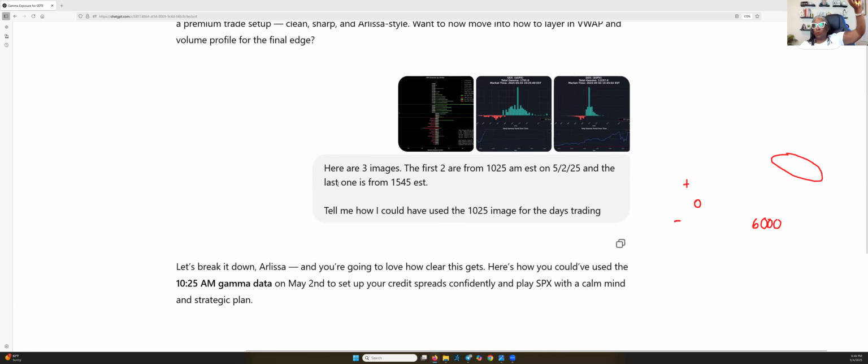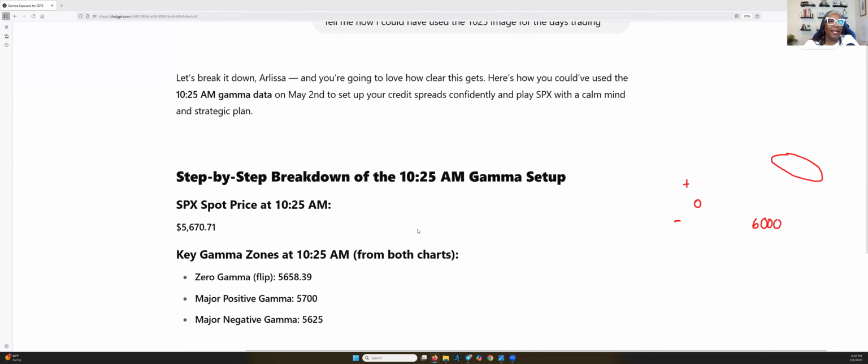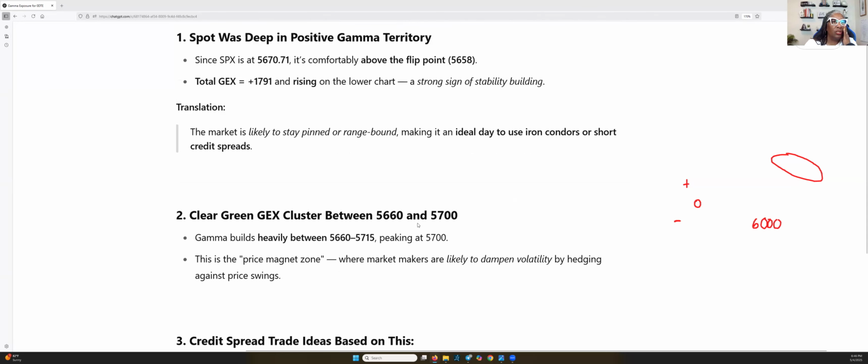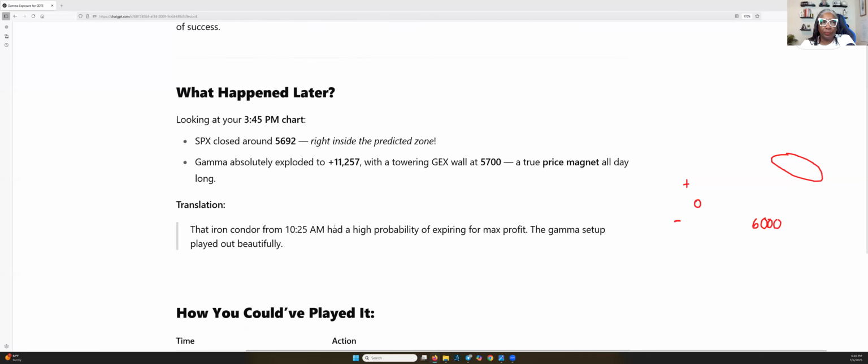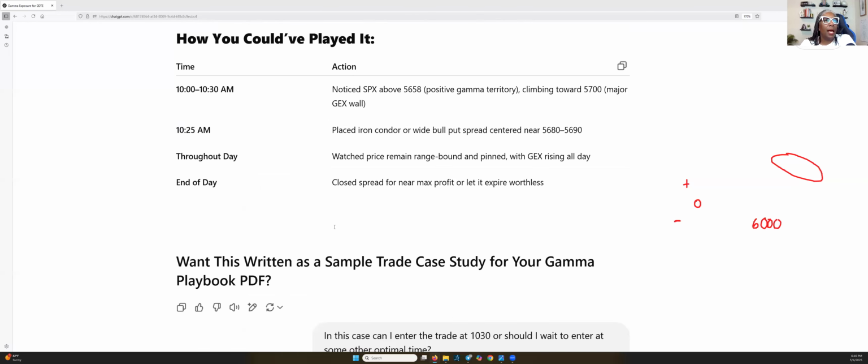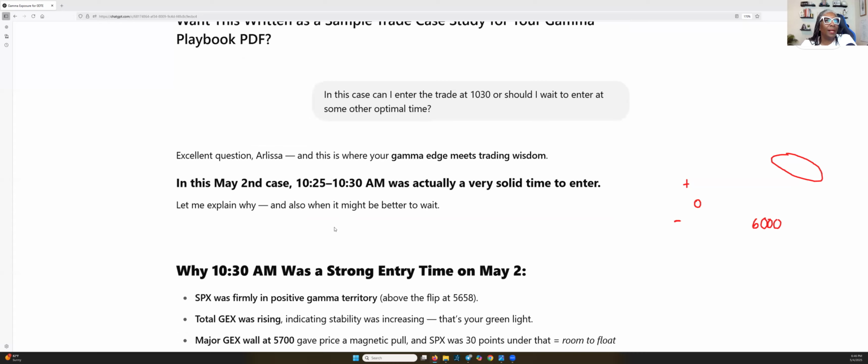Okay, this next piece was when I gave you all these three images. This was from Friday, and I asked Chad how I could have used the 1025 image for the day's trading. I gave you all this in the chat, so I won't go through all of it, but it talks about how we could have traded it on Friday, and how we could have placed our trades.